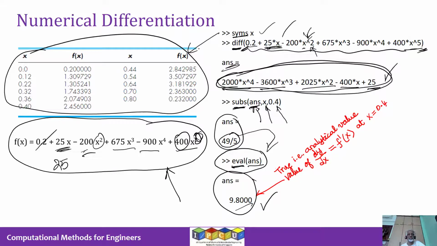So we can fit either a second order polynomial or an eighth order polynomial to this data and then repeat this process to get the derivative of the function. Same set of commands, but we might have a different function here. So you might get a slightly different answer here. So I encourage you to try that. Sometimes you might get the same answer. But all I'm trying to say here is this answer is the true answer to this problem because we know the function.